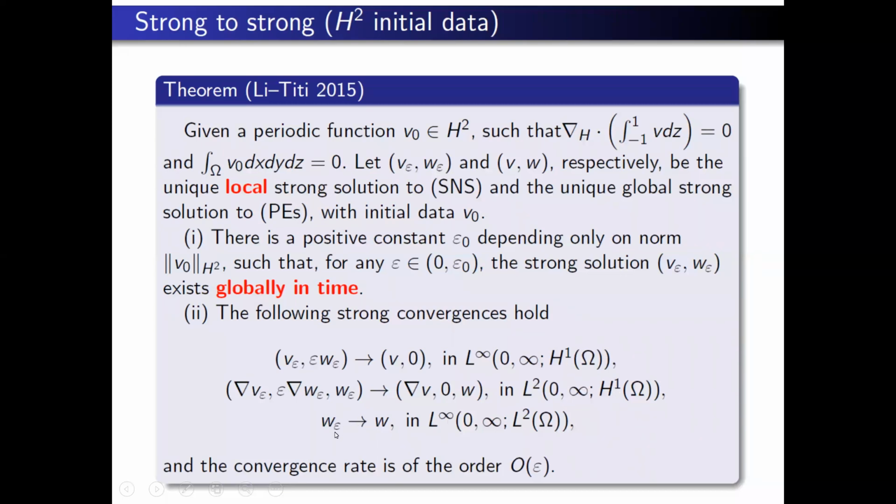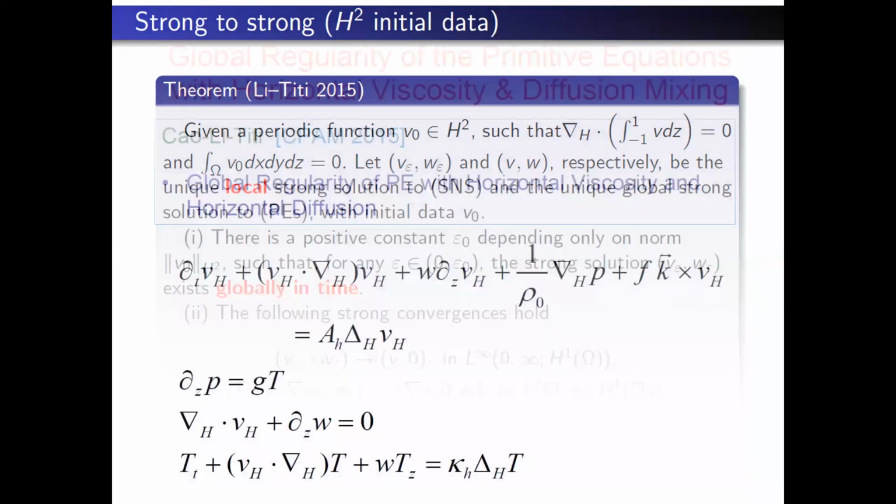And now we have W epsilon converging to W in this topology. And again, the convergence rate in these topologies is also of the order epsilon. So this is the result about justification of the primitive equations as a limit, not any longer formal, but exact, and we have precise conditions about the rate of convergence.